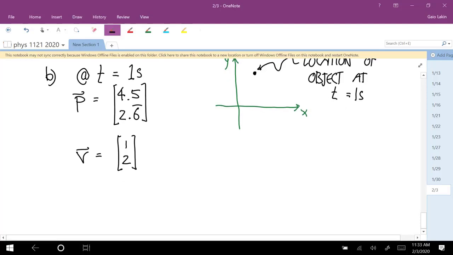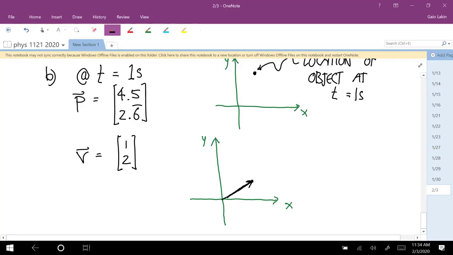Okay, so what does this mean? Well, this velocity, if you put the tail of this vector at the origin, you can plot this. It says you go over 1, up 2, and that's the head of the vector if its tail is at the origin. So this is the direction that the object is moving.